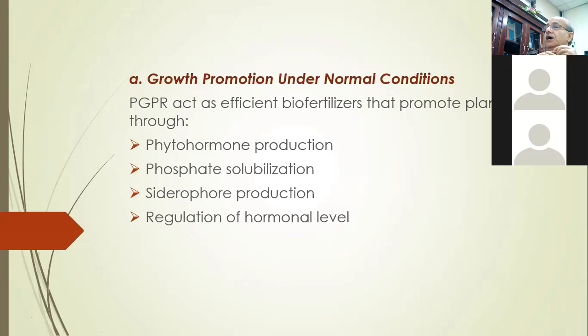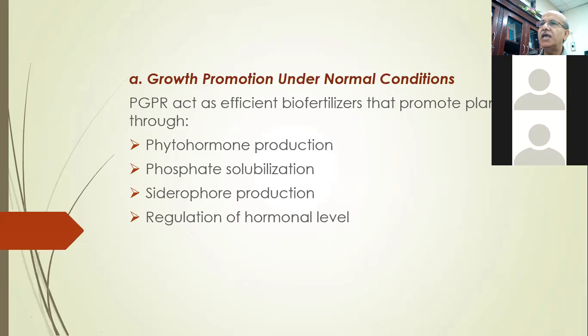But I did tell it in some earlier lecture as well, that if somebody claims that only the biofertilizers can completely replace the chemical fertilizers, it is not a wise idea. The chemical fertilizers are unavoidable.